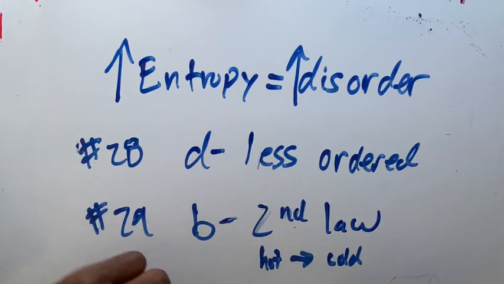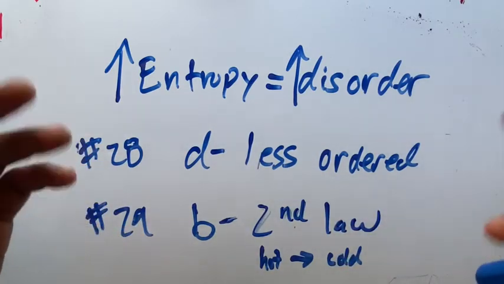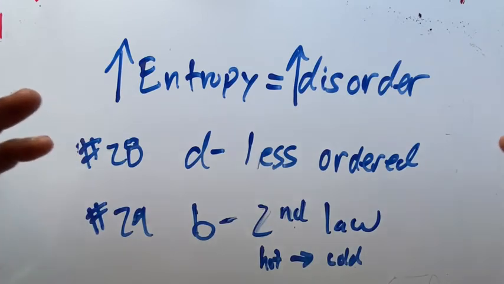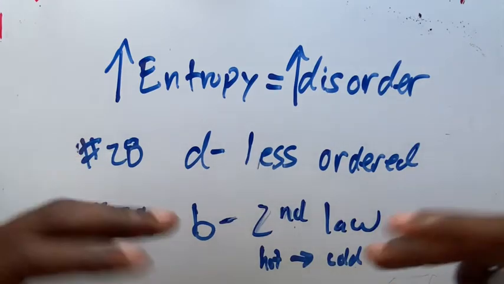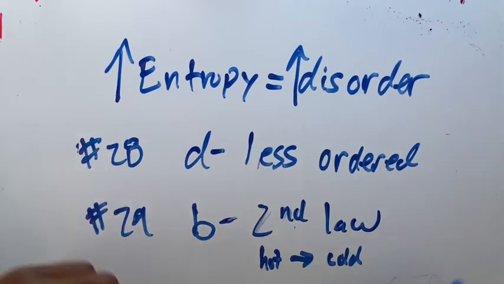And since things flow from disorder to ordered, this basically shows the direction of entropy, because naturally, entropy is always increasing. Like if you don't clean your room, it's just going to naturally become more and more dirty or disordered. That shows the direction from hot to cold, which is the second law of thermodynamics.